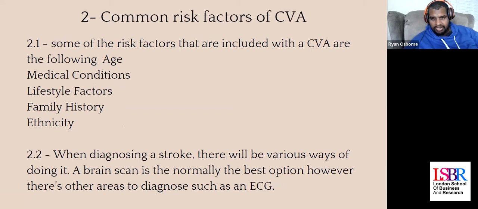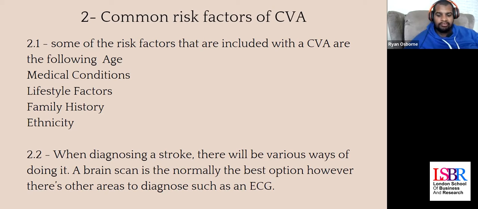When we look at an individual who has had a stroke, normally you are looking at a person's lifestyle, or a person's makeup, and you will need to look at certain risk factors that are included with a CVA.